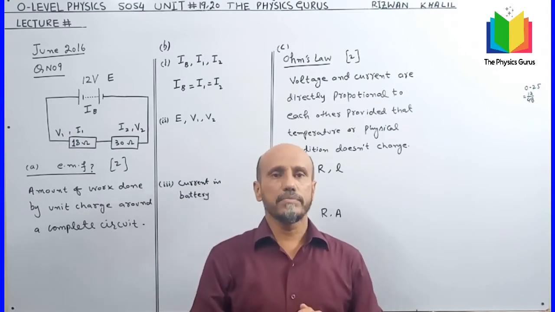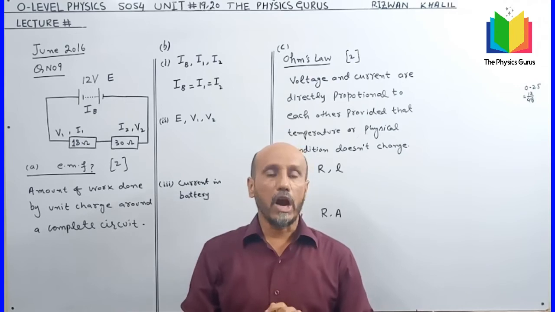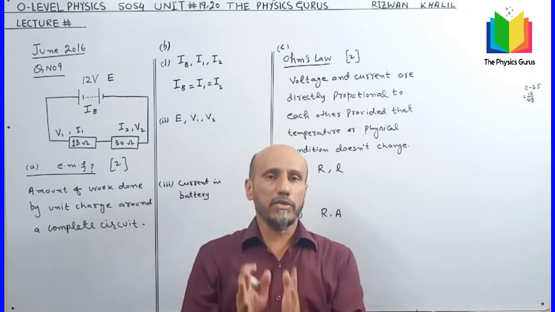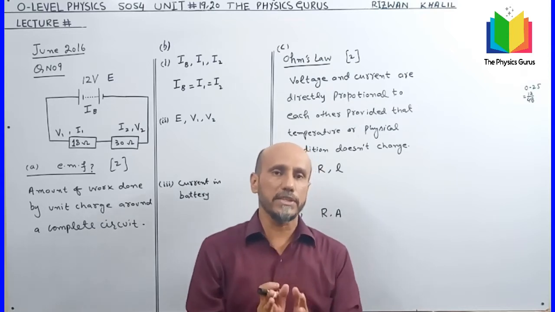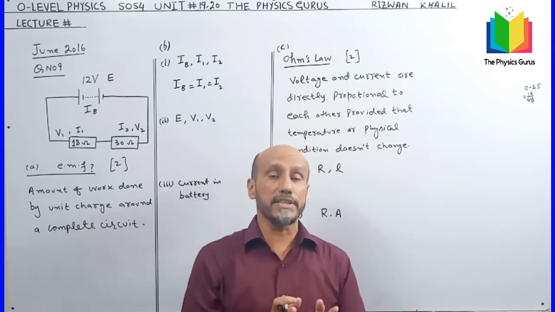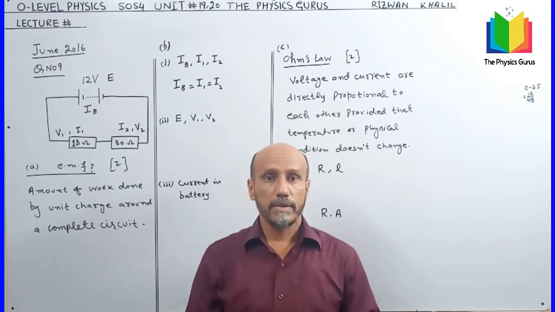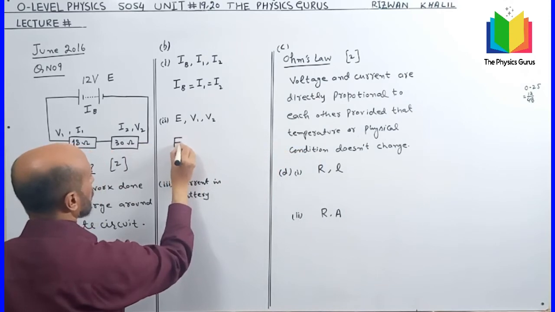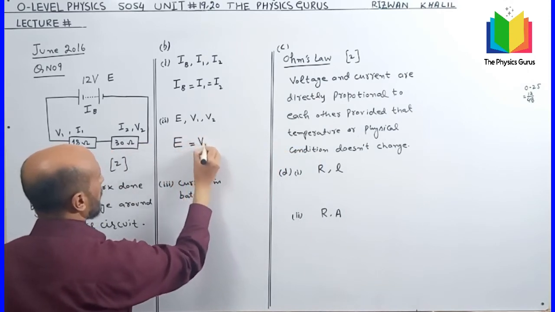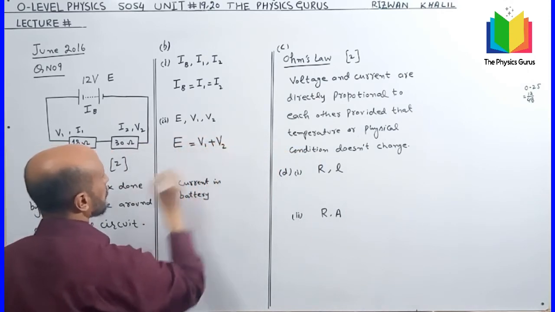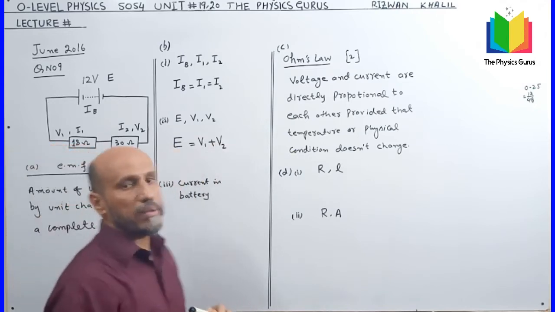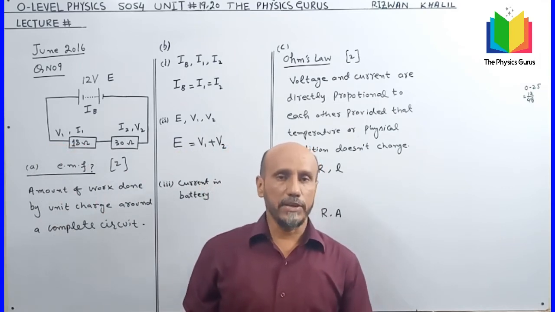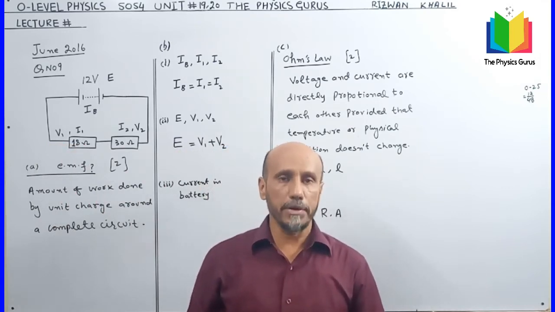In series combination, the voltage of the battery is equal to the sum of the voltages across the connected resistors. What does it mean? That E is equal to V1 plus V2. That is, the voltage of the battery will be equal to the sum of the voltages across the 18 ohm resistor and the 30 ohm resistor.